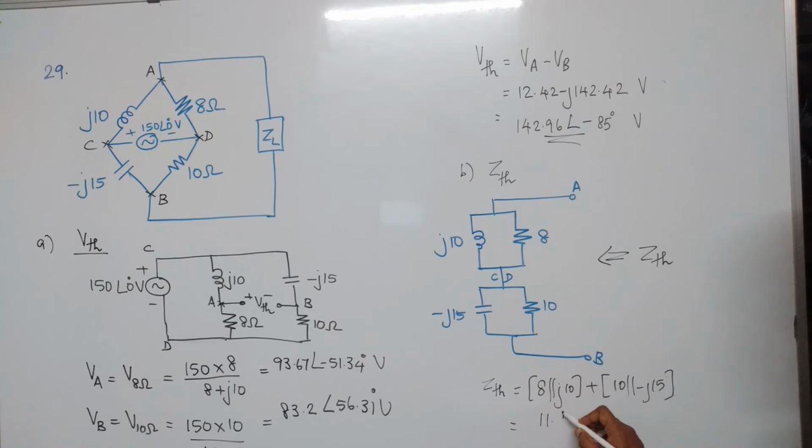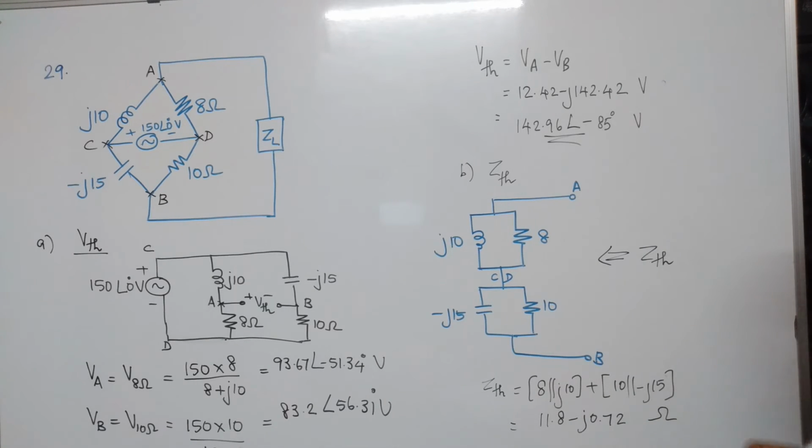11.8 minus J.72 ohm. So here the Thevenin equivalent is impedance ZTH. The load is also impedance.